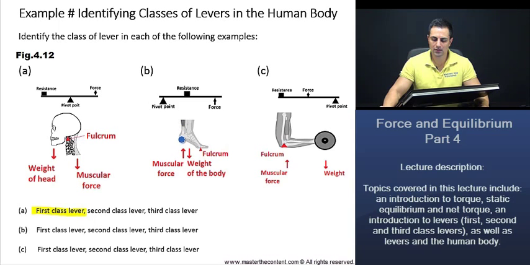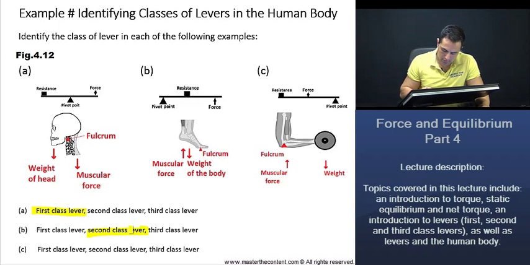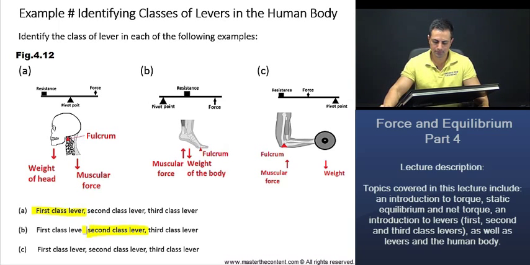Through your Achilles tendon, they're pulling on the calcaneus bone, as you see, and that is your force. Now, with this arrangement of pivot point, resistance, and force, where the resistance is in between the pivot point and force, is that an example of a first, second, or third class lever? You guessed it. That is a second class lever.